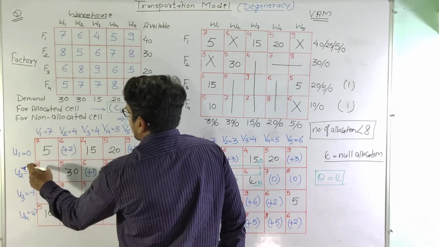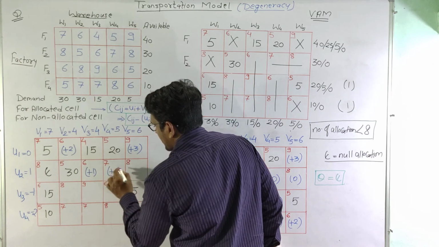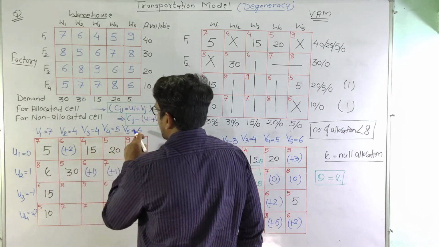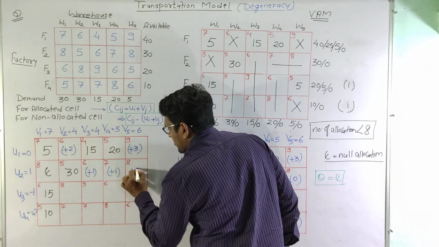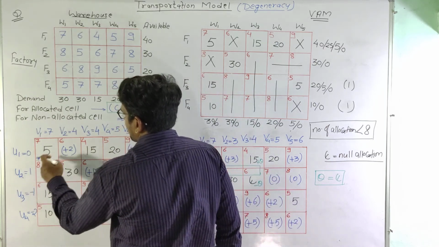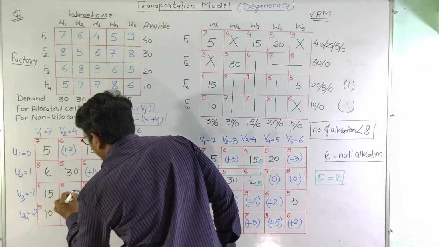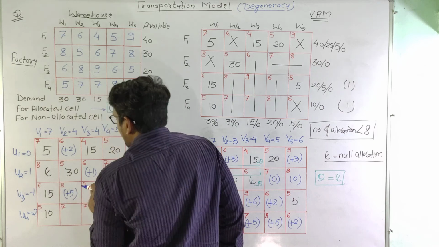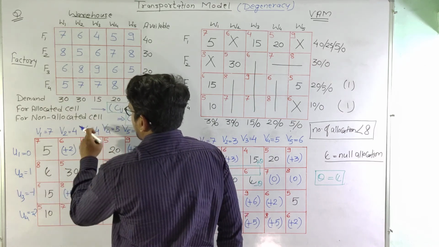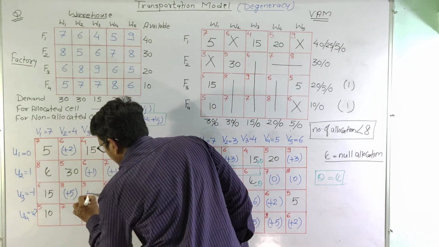Here 7 minus 1 plus 6 is 6. 7 minus 6 is plus 1. 8 minus 1 plus 6, that means 8 minus 7 is plus 1. Here 8 minus of minus 1 plus 4, that means 8 minus 3 is plus 5. 9 minus of minus 1 plus 4, that means 9 minus 3, this is plus 6.